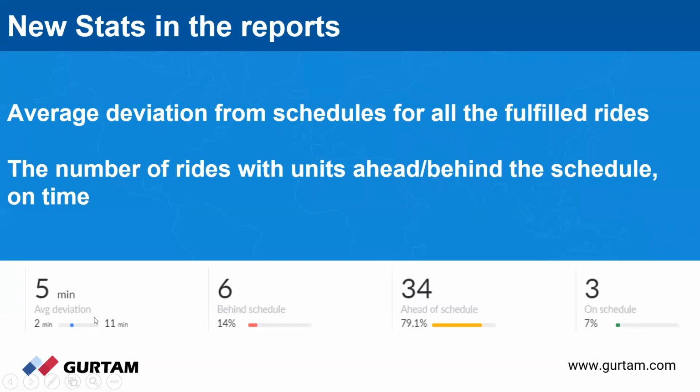We see that the average deviation was 5 minutes for the rides, ranging from 2 minutes to 11 minutes. 6 of the rides were behind the schedule, which means that they were completed later. 34 were ahead of the schedule, and only 3 rides were completed on schedule, on time. So this helps you to analyze how that bus and the bus driver completed the rides, whether the bus driver was in a hurry or was late.